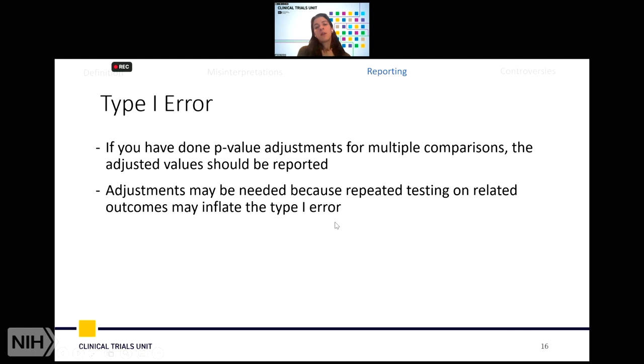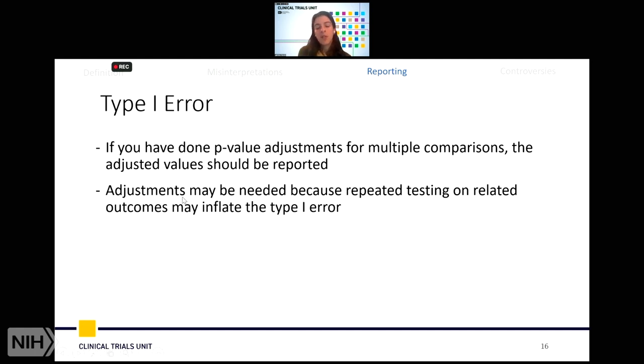If you have done p-value adjustments for multiple comparisons, you should be reporting the adjusted values, obviously. And we could give a whole talk on adjustments for multiple comparisons. I'm not going to go into that too much here because I want to focus specifically on p-values conceptually.